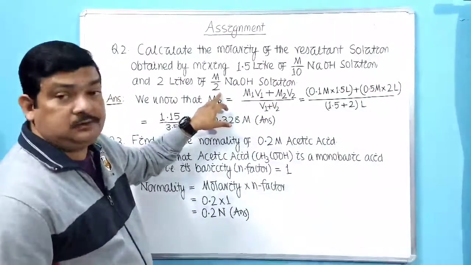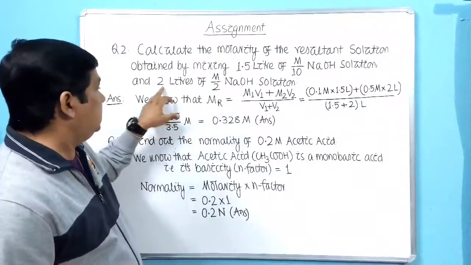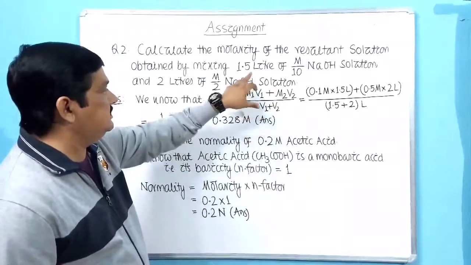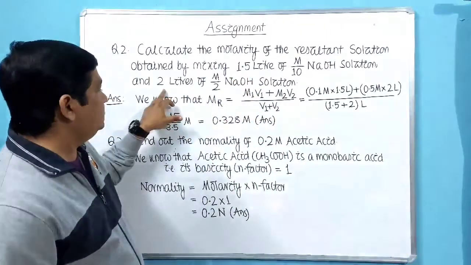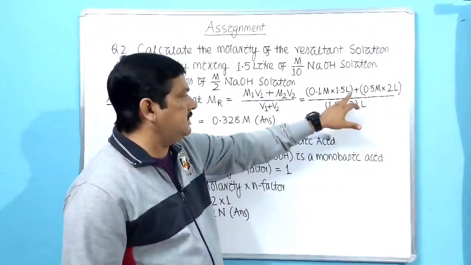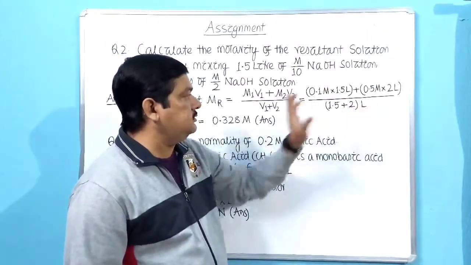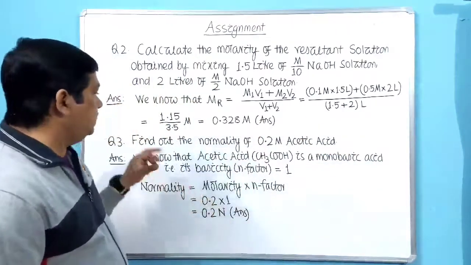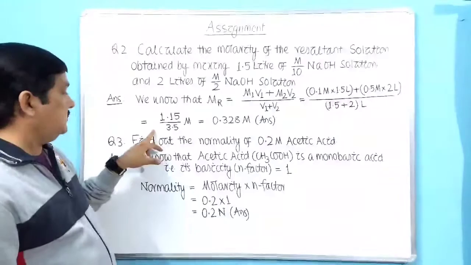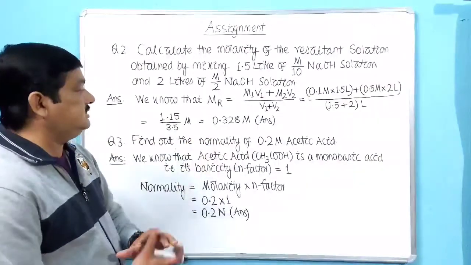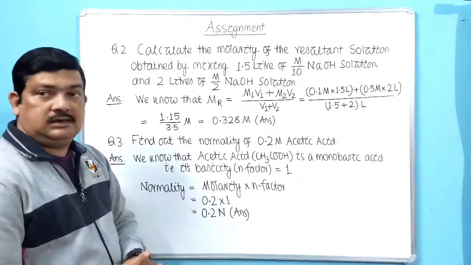M2 is M by 2, that means 0.5 M, and V2 is 2 liters, divided by 1.5 plus 2 liters. So simple. It makes 1.15 by 3.5, which gives you 0.328 molar.